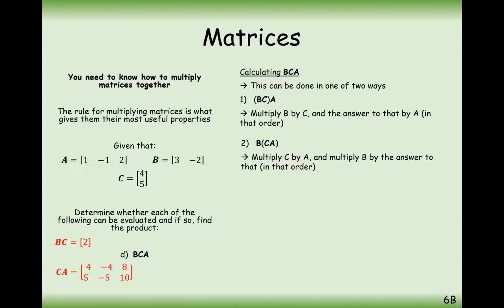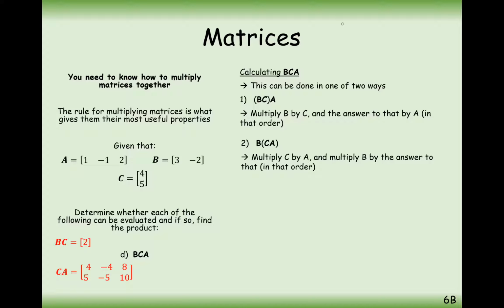Now if we're doing BCA, we can either use our calculation for B times C first and then multiply that answer by A, or alternatively we could do C times A first in that order and then pre-multiply by B, putting the B matrix first to multiply it by the answer to CA.